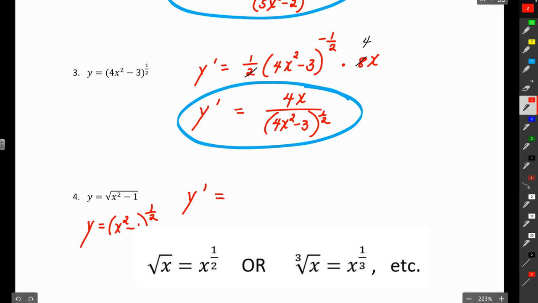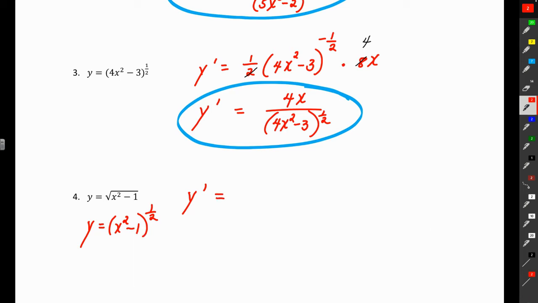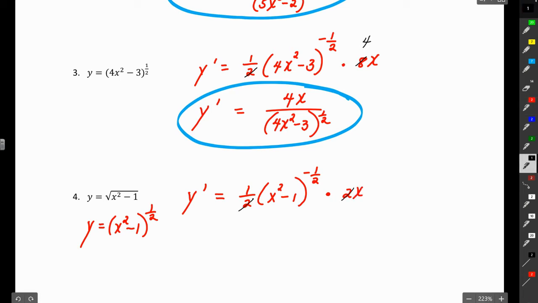Now I'll go ahead and use the chain rule. 1/2 times 1 is 1/2. 1/2 minus 1 is negative 1/2 times the derivative of the inside, 2x. We'll clean that up. 2 divided into 2 is just 1. And we don't want to leave a negative exponent in our answer. So we're going to end up with x over x squared minus 1 to the 1/2 power.